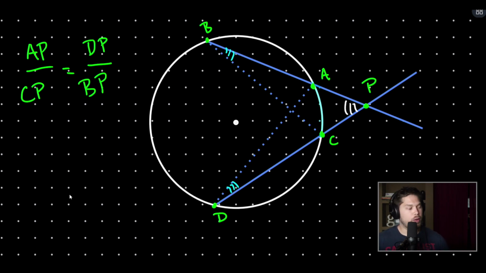Then we can cross multiply to get that AP times BP is equal to CP times DP, as these are all line segments. Perfect.